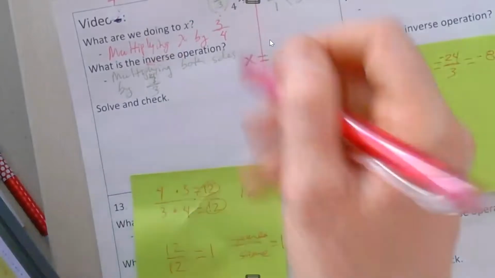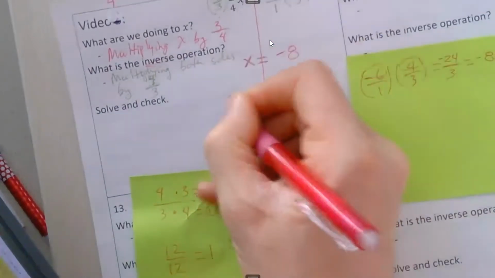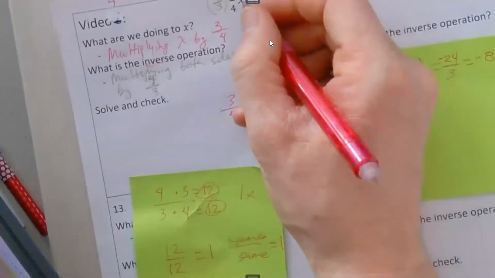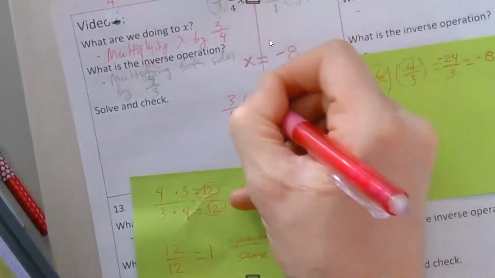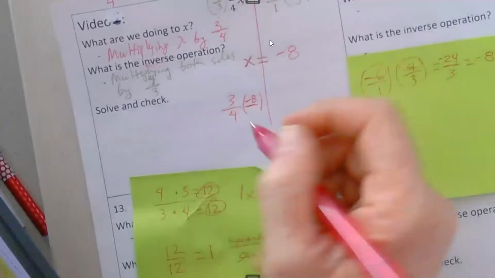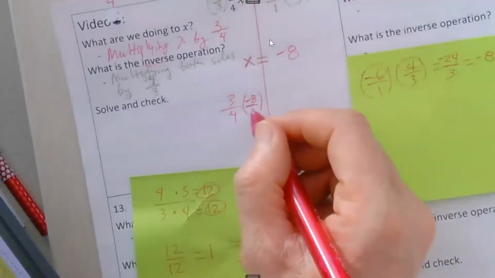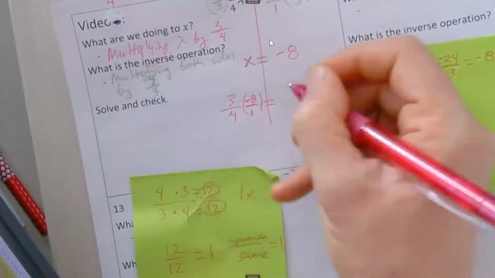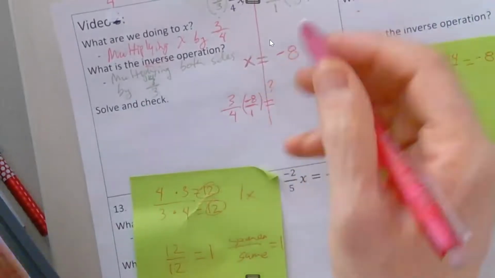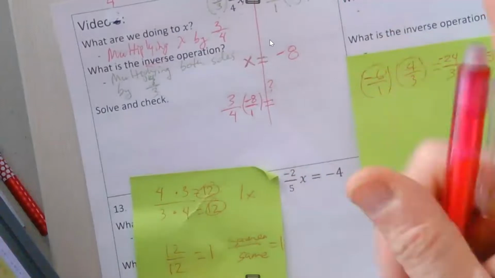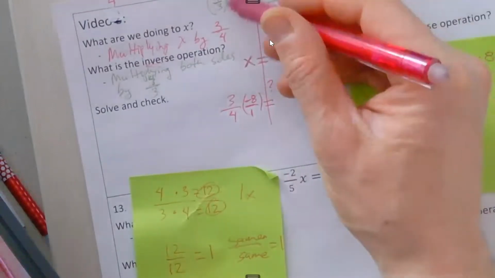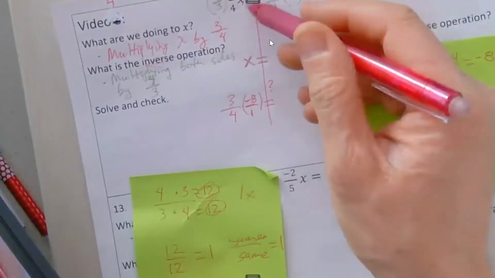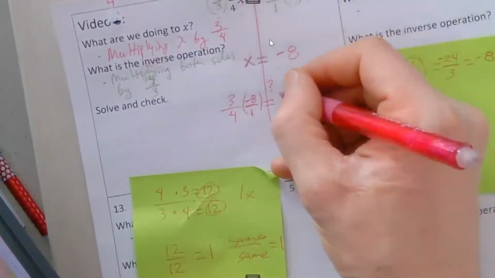Now to check it, we have 3/4 multiplied by x. X is -8. If we're going to multiply fractions, then let's write this as a fraction. So that's -8 over 1. And we're asking, does 3/4, make sure you're using this fraction, does 3/4 times -8 equal -6?